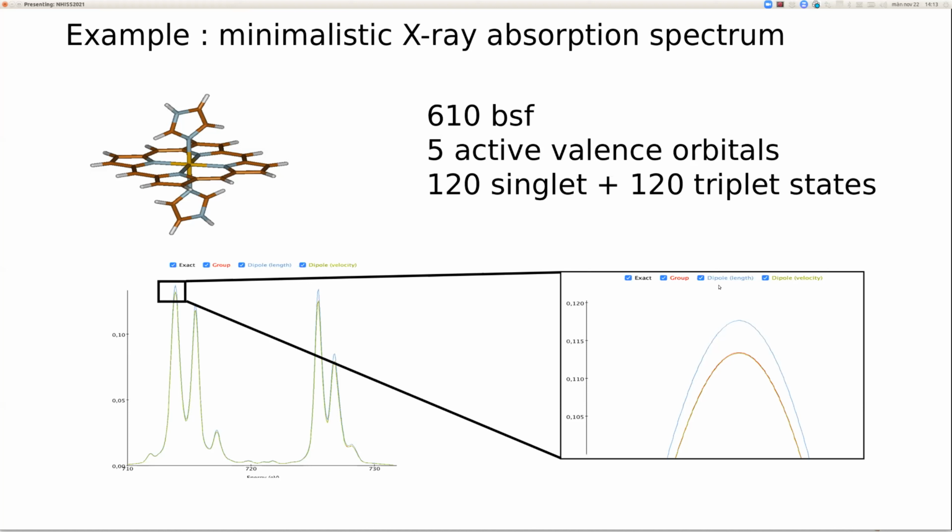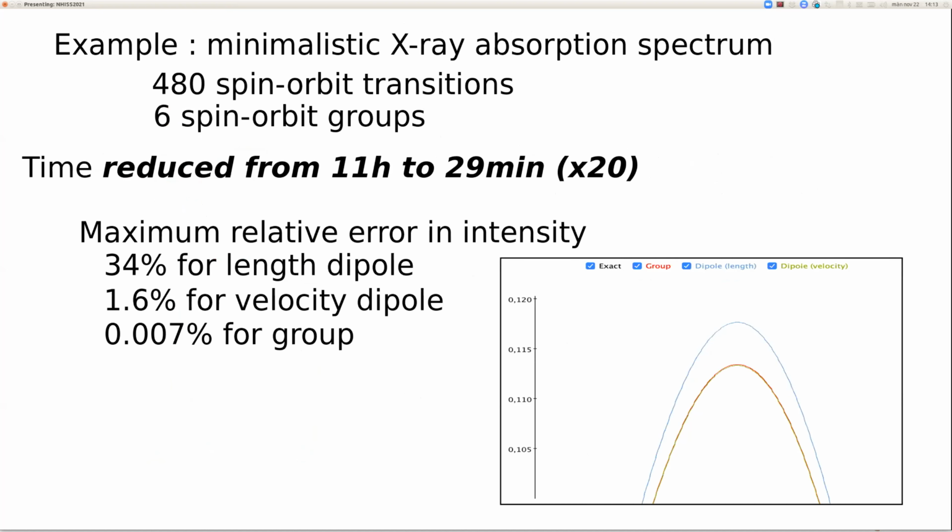And the one that sticks out that is different is using the dipole operator. Apart from that, you really don't need to do the exact, but with a group, you get the exact, and it's almost at the same expense as doing the velocity integrals. So in doing this, we were able to reduce the time of the calculations from about 11 hours to 29 minutes. And we have very, very small deviations.